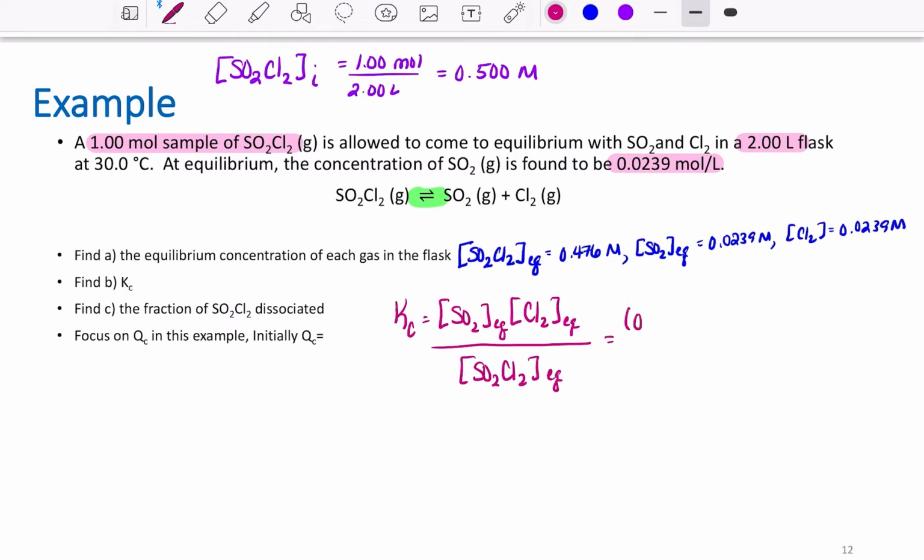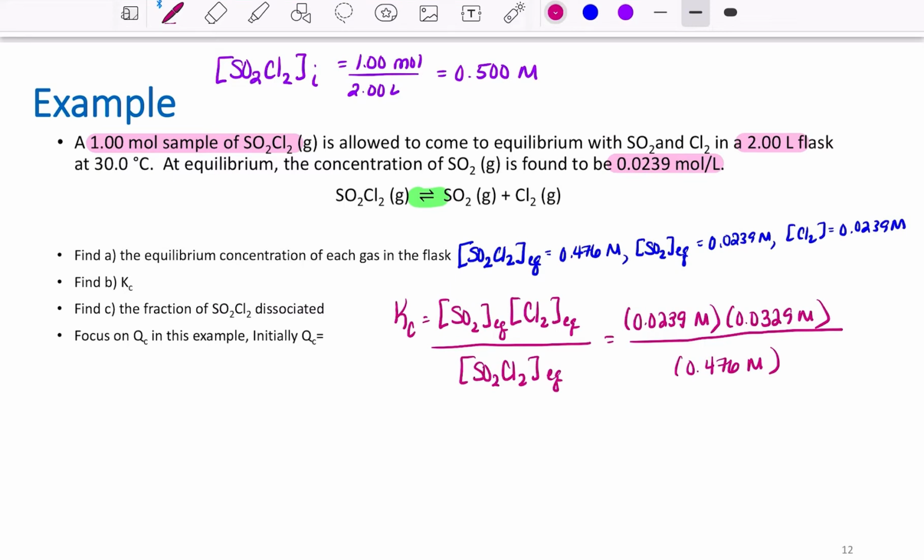So plug in our values. 0.0239 times 0.0239 divided by 0.476. Now technically we do have molar in here because these are concentrations, but the Kc expressions are unitless. They're a ratio and we're not worried about units in them because they're telling us about the extent of a reaction. So you do ignore the units on a Kc expression.